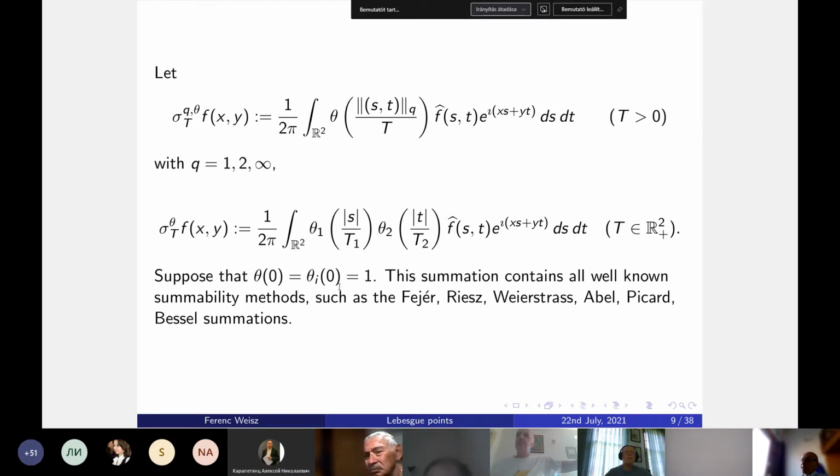As special cases, we will obtain results for the Fejér summability method, for the Riesz, Weierstrass, Abel, Picard, or Bessel summations. So all well-known summability methods are contained in this theta summation.